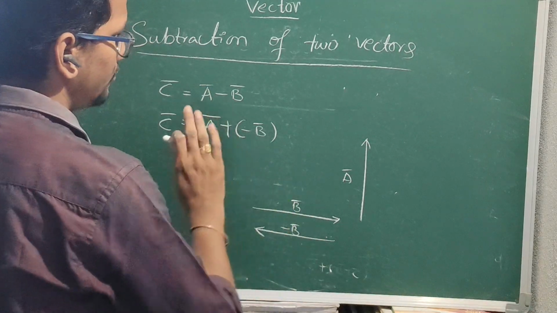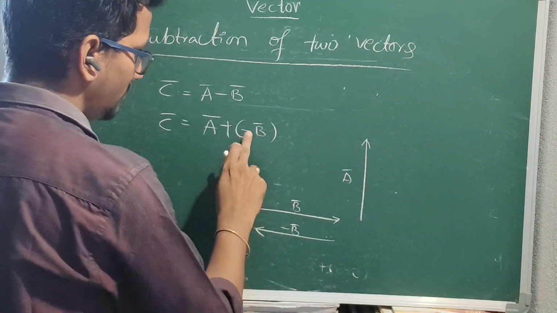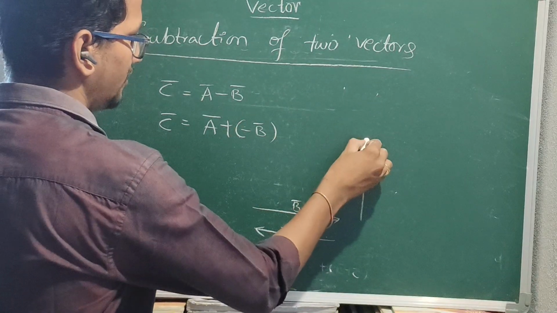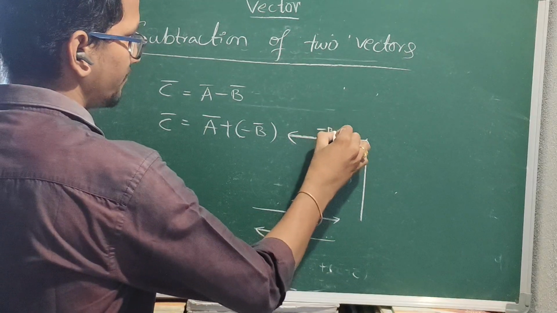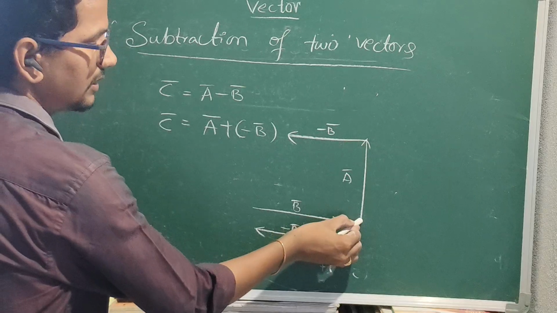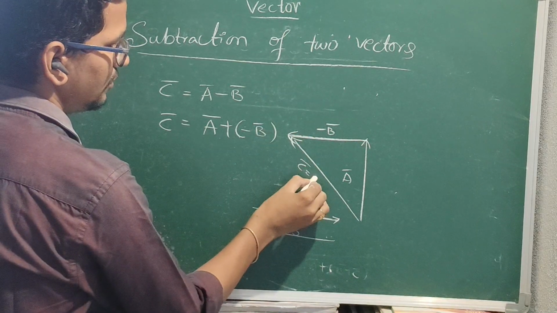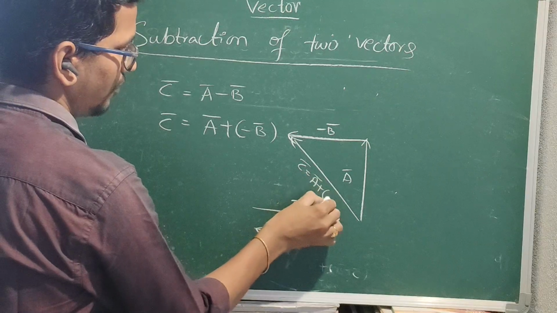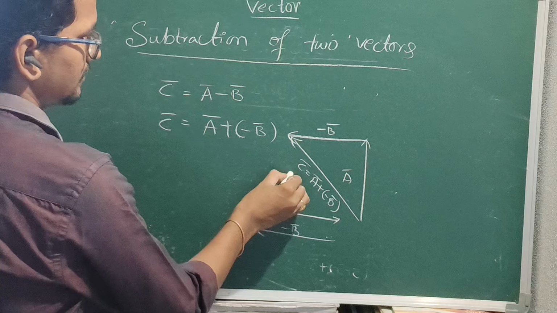Now the head of the first vector a bar is connected to the tail of the negative vector minus b bar. And the resultant vector, from the tail of the first vector to the head of the second vector, that's c bar is equal to a bar plus of minus b bar, means a bar minus b bar.